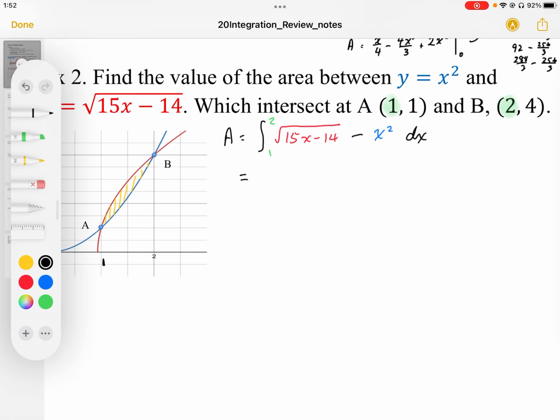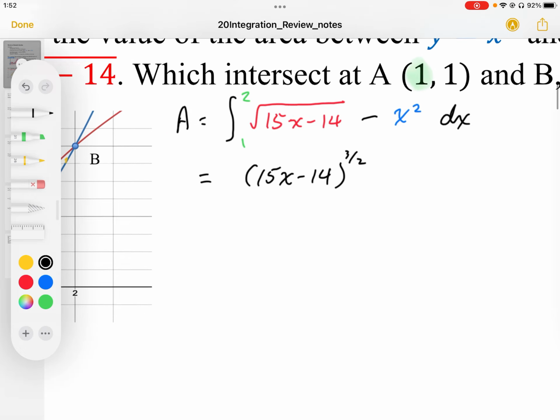So finding the antiderivative of this, it's 15x minus 14. The power is positive 1/2. So I'm going to increase the power by 1 to get a power 3 over 2. And I have to remember to divide by that power, 3 over 2.